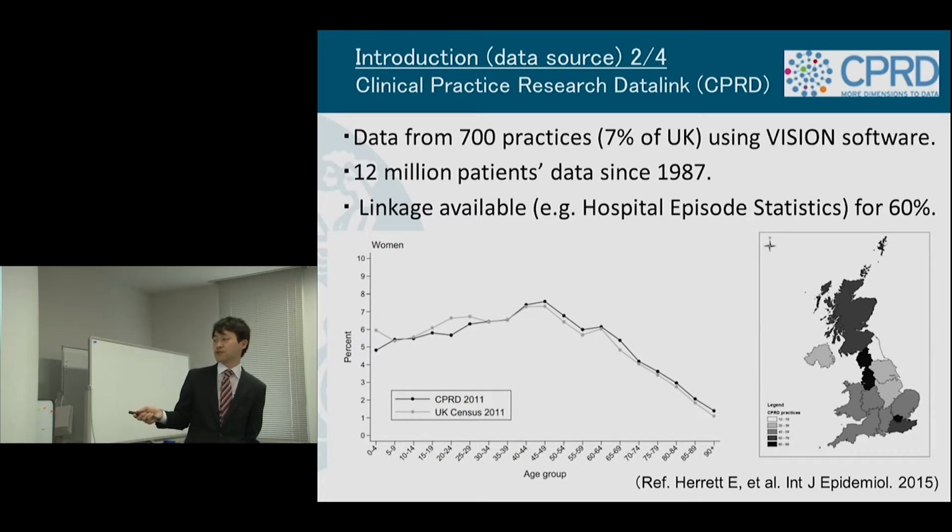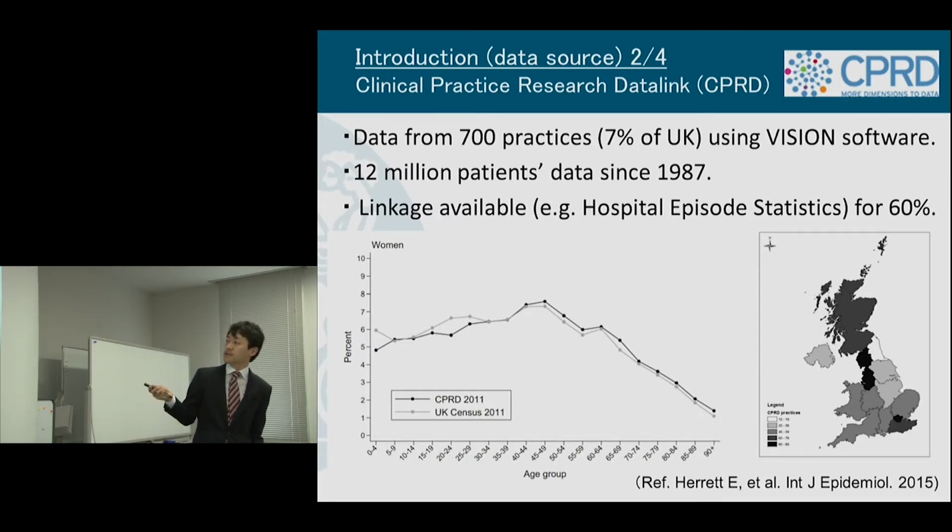But age distribution is very similar between CPRD and UK census, or 人口動態統計 in the UK. But it's not representing geography and socioeconomic status, because CPRD started from London. And density, or the number of participating in CPRD, is higher in London and northern area in the UK.